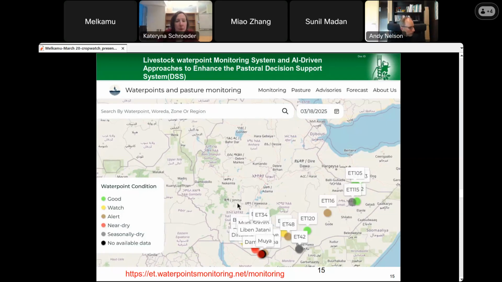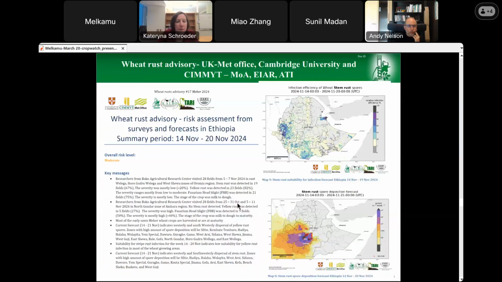We also have a trust advisory system under process by Cambridge, with integration of Cambridge University, CMIT, Ministry of Agriculture, AR and ATA, by Mr. Tadese. The trust advisory system, which means risk assessment from the ground with survey or forecast in Ethiopia, is under way.